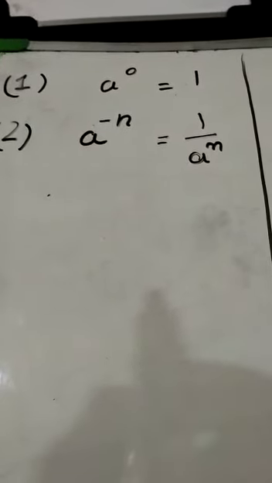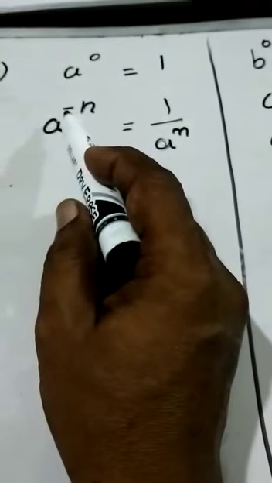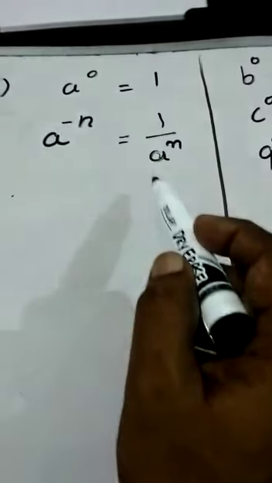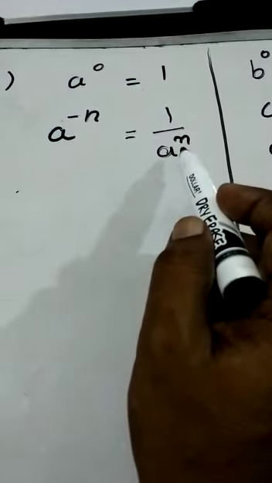So if you want to make it positive, then you have to bring it in the denominator. And when it comes in the denominator, its power will become positive. It was negative in the beginning; when we made its reciprocal, it became positive. Okay, so we have examples here.